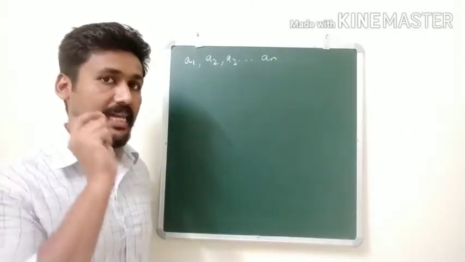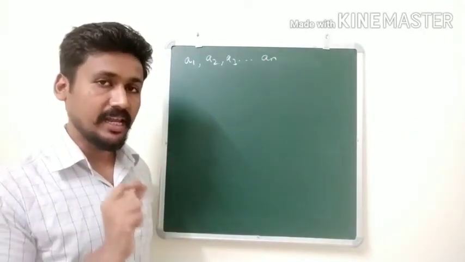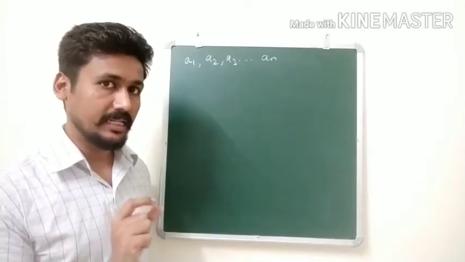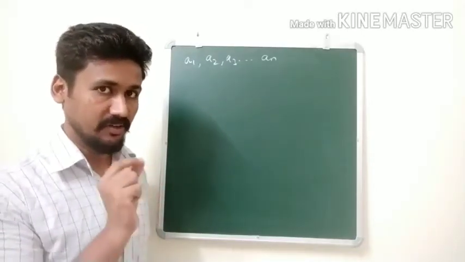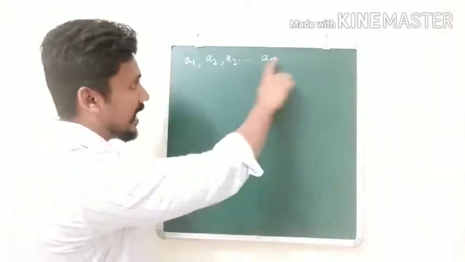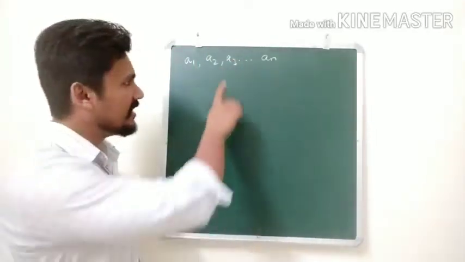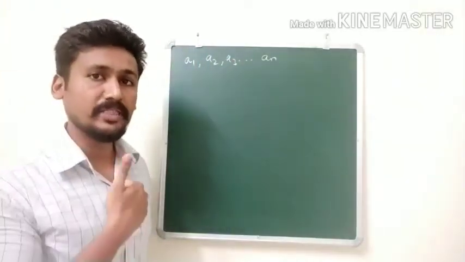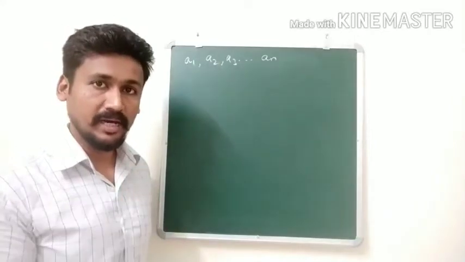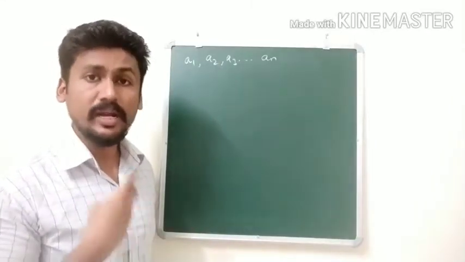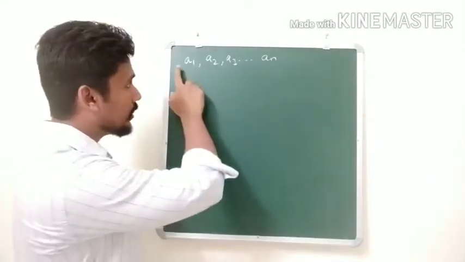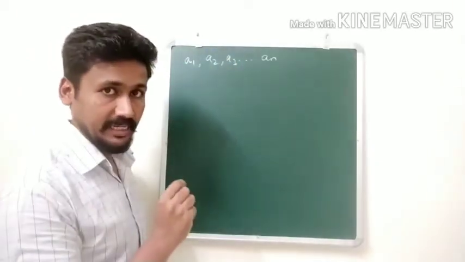Okay, if we take a large number of readings, then we can ensure that the value that we get will be closer to the actual value, right? These readings could be anything. They could be measurements of length, mass, or time, or any other factor for that matter. Okay, so we have taken n number of readings.